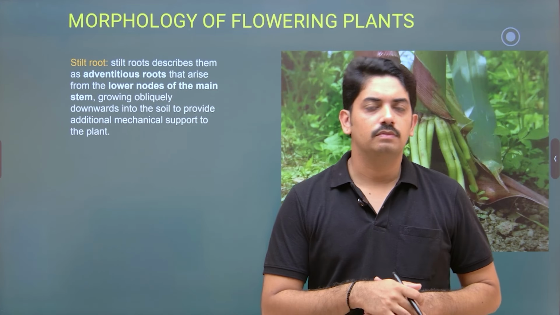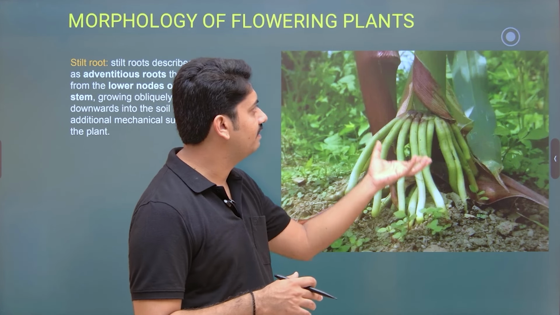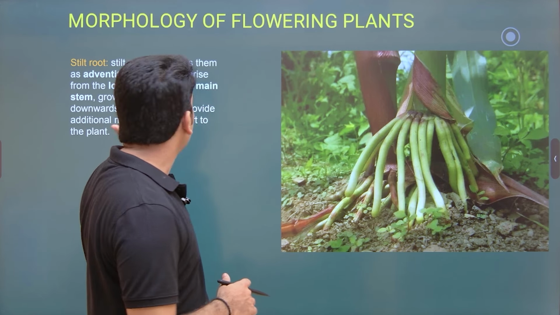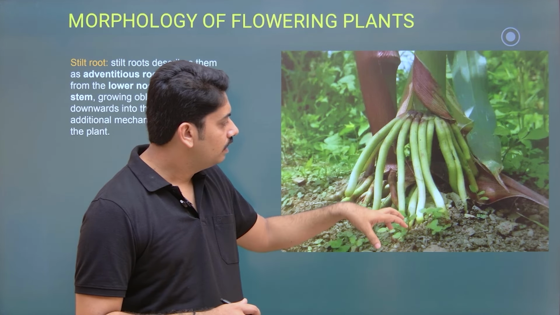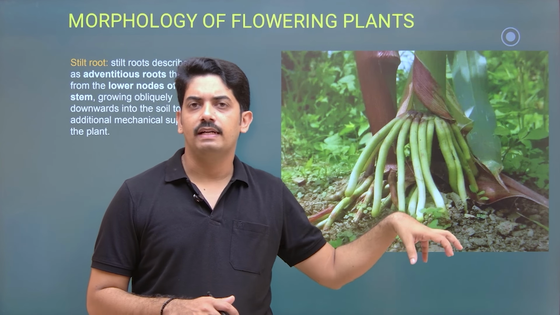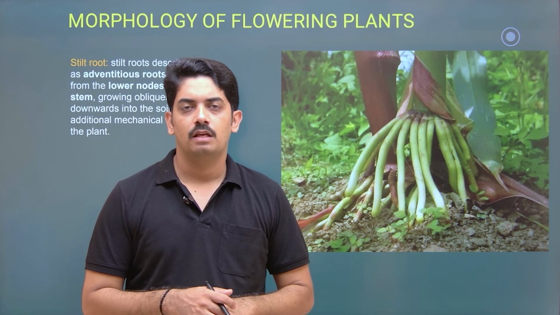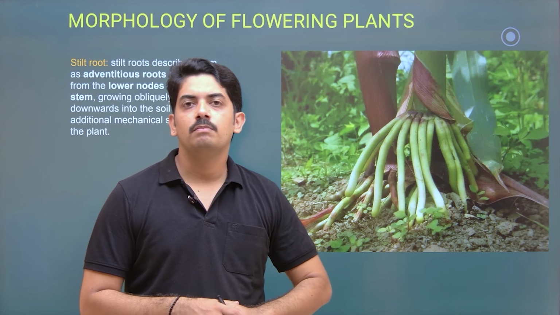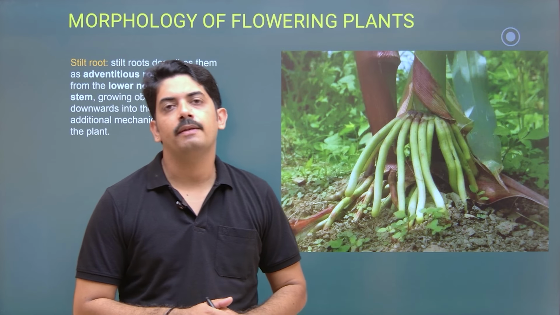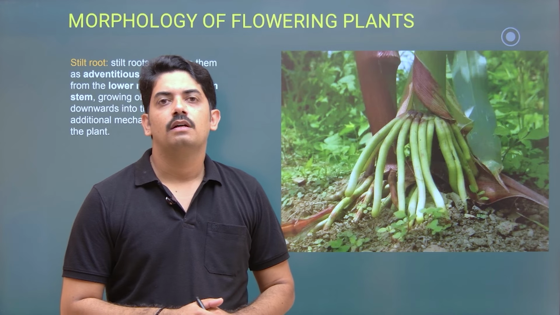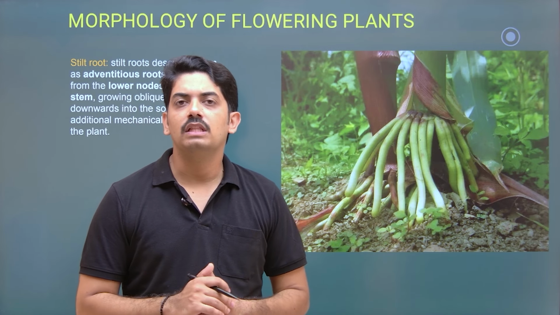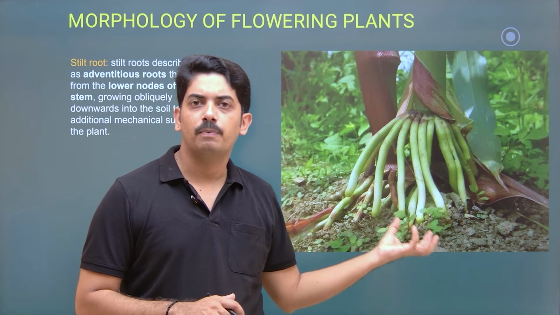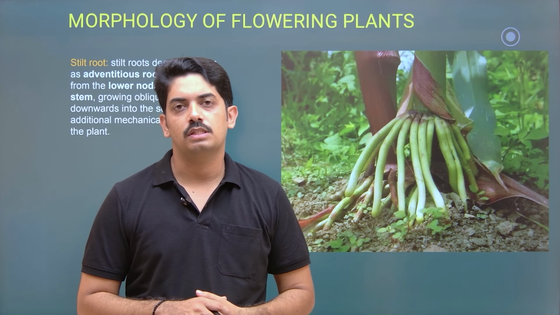Stilt root. Again, this picture is very nice. Easily you can understand. See, stilt root means the plant has a well developed root system for anchorage, absorption of water, all those things. But in monocot plants like sugarcane and maize and some of the large monocot plants, the aerial part cannot be supported with the fibrous root system.